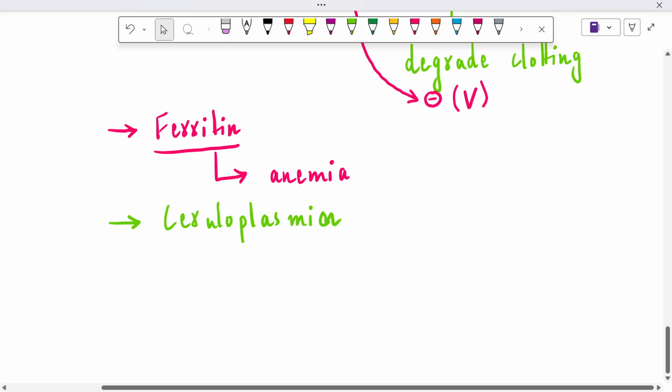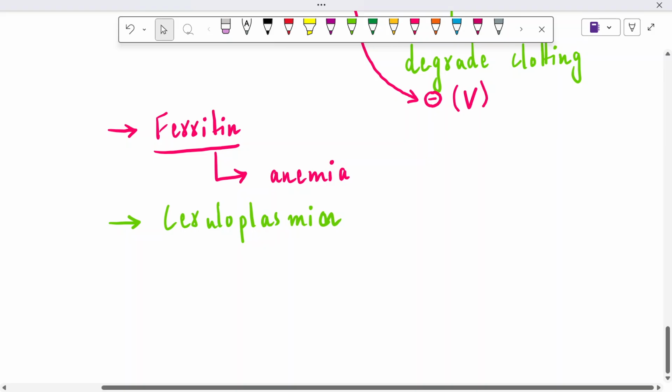The other thing is if there is a factor 5 Leiden mutation; we have discussed factor 5 here. So, what does it mean? Factor 5 has a mutation, so it is not activated normally, it is hyperactivated, so the patient will have thrombophilia, with an increased tendency to clot.